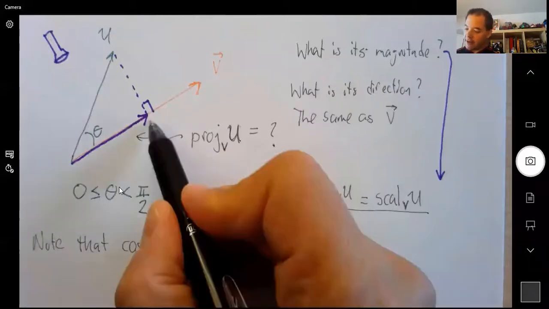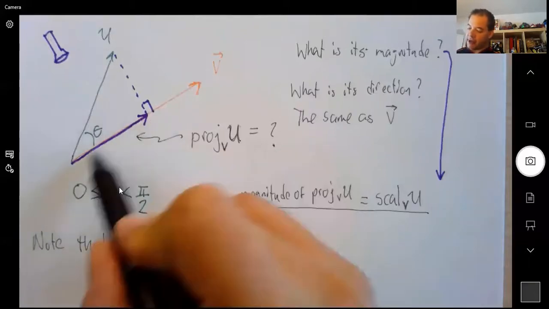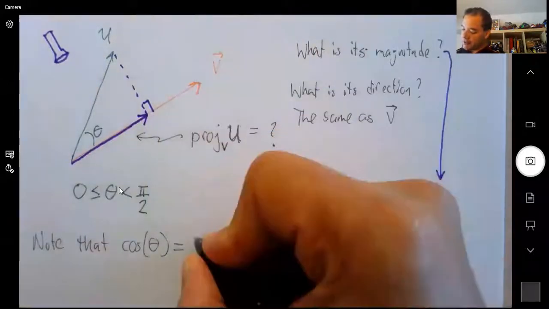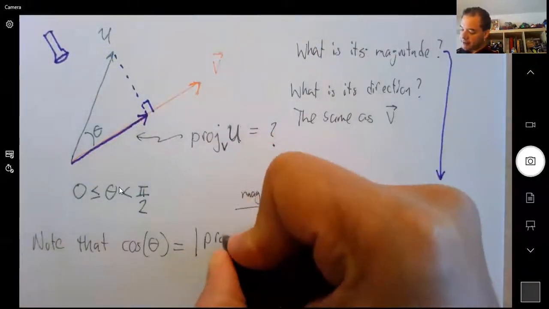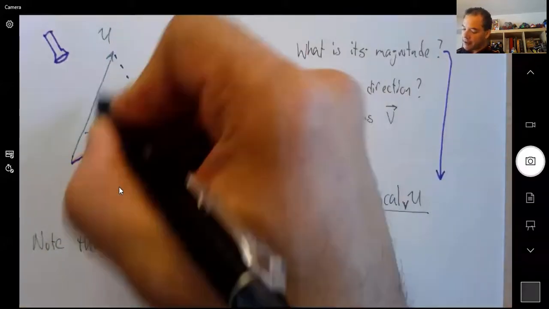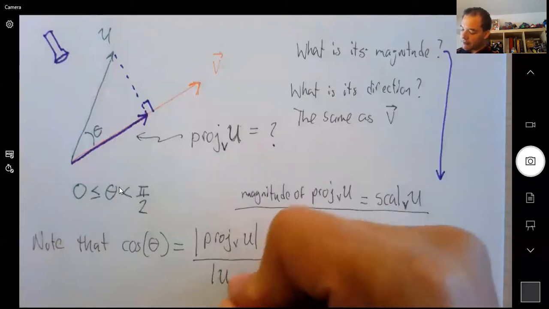Well, cosine of theta is adjacent over hypotenuse, right? So this is the length of the projection, so the length of the projection vector divided by the length of u, that's the hypotenuse.